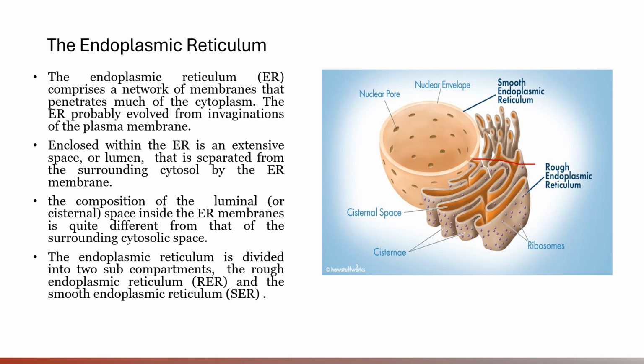So you can see it is directly starting from the nuclear envelope. On the other hand, if we see the smooth endoplasmic reticulum, it is highly curved and tubular in structure, forming an interconnecting system of pipelines traversing the cytoplasm.